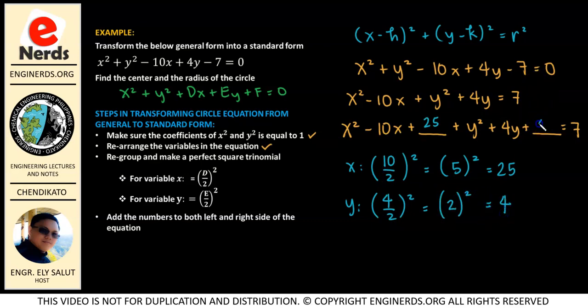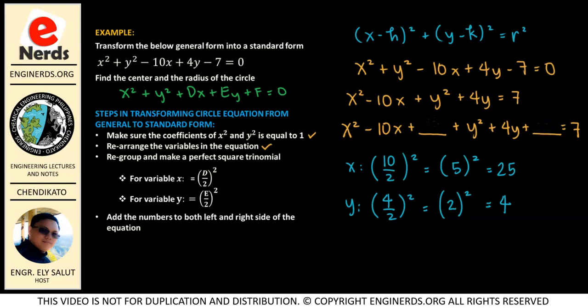So, that means we will have here 4. Okay? But we're going to write this again because this is not equal here. We need to add, kung ano man yung inad natin sa left side ng ating equation, we need to add sa right side ng ating equation para maging equal sila, di ba? So, para hindi tayo malito, let me erase this first, no? Kasi hindi magiging equal ang ating equation.